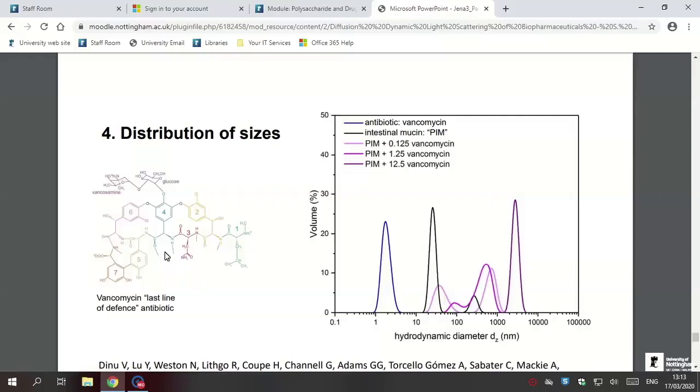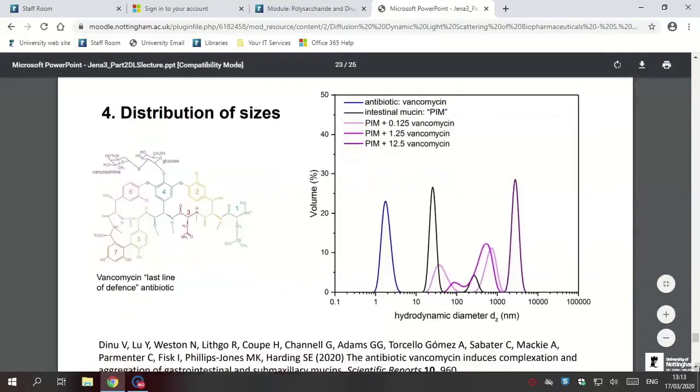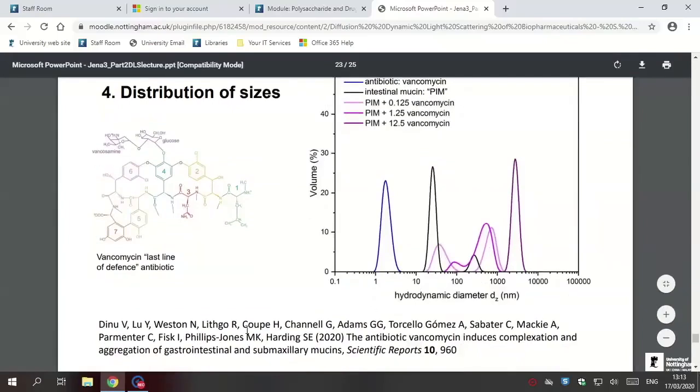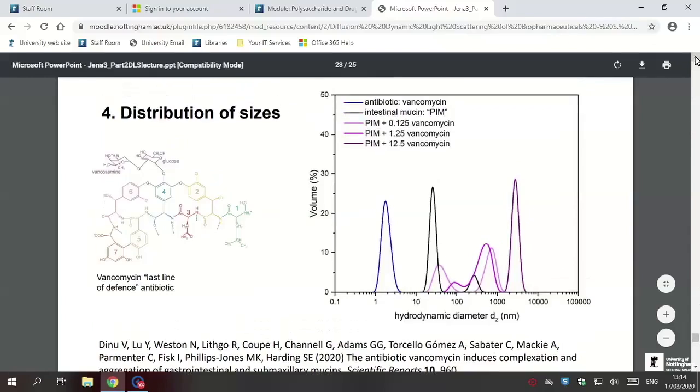And actually this work came from a project involving Haley Coop, who was an ABT project student, and at the time we had some students in the NCMH working on mucins, and somebody else working on vancomycin.